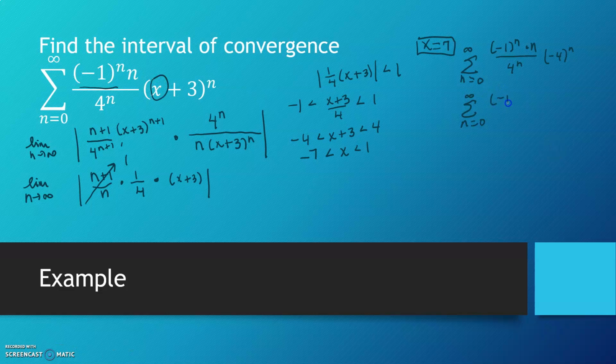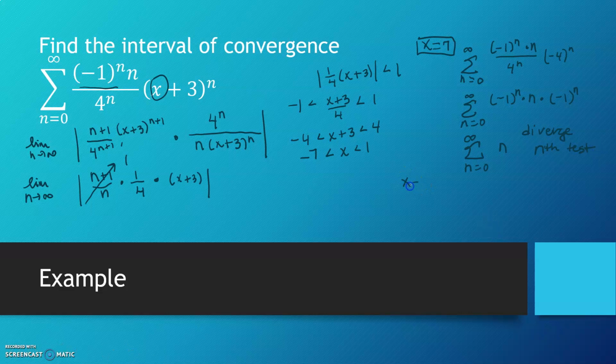And then I have negative 1 to the n times n times negative 1 to the n. So I really just have the series n equals 0 to infinity of n. Well, that's definitely going to diverge because of the nth term test. The nth term does not go to 0, so this is a divergent series.